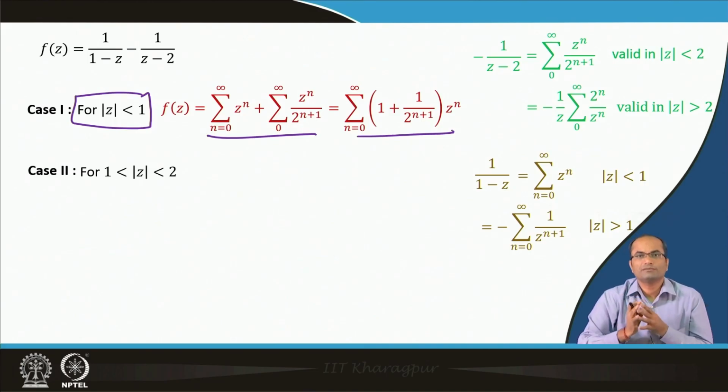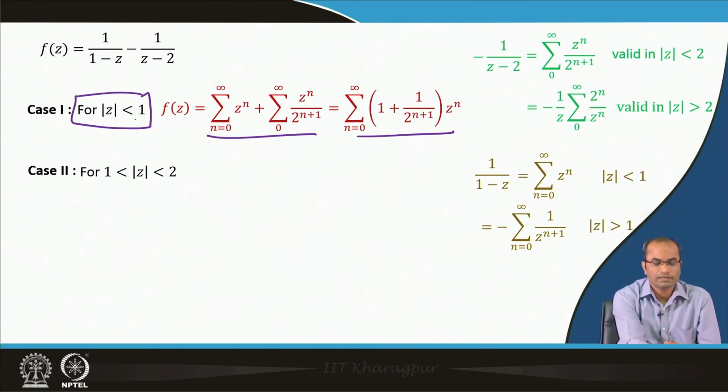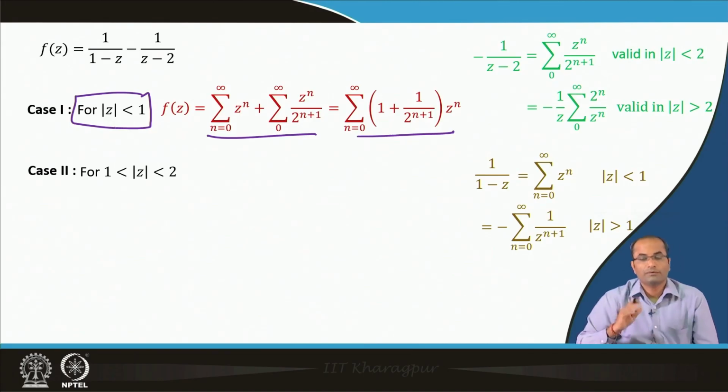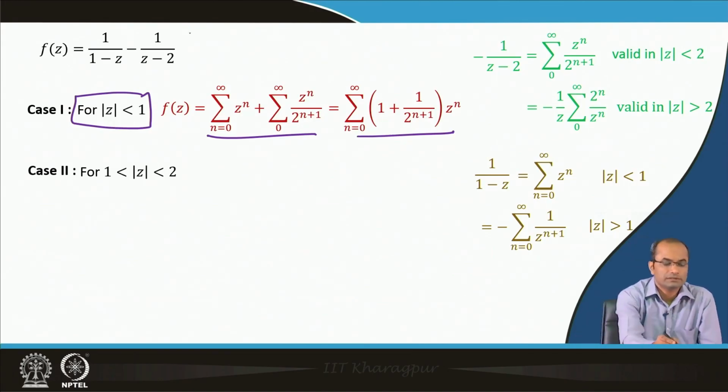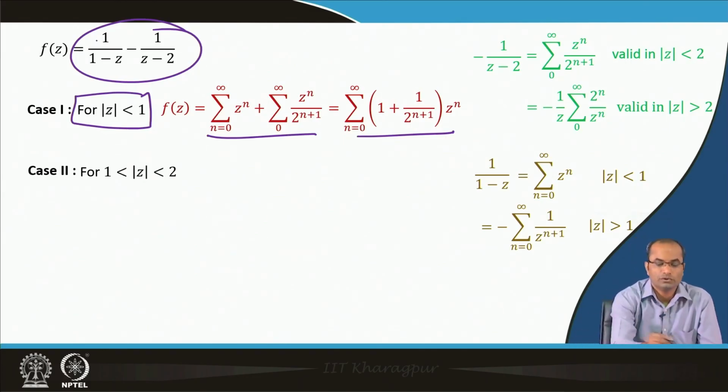The second region we will consider. First we note that for mod z less than 1, the given function, 1 over 1 minus z and minus z minus 2, is analytic in this domain with center 0 and radius 1.